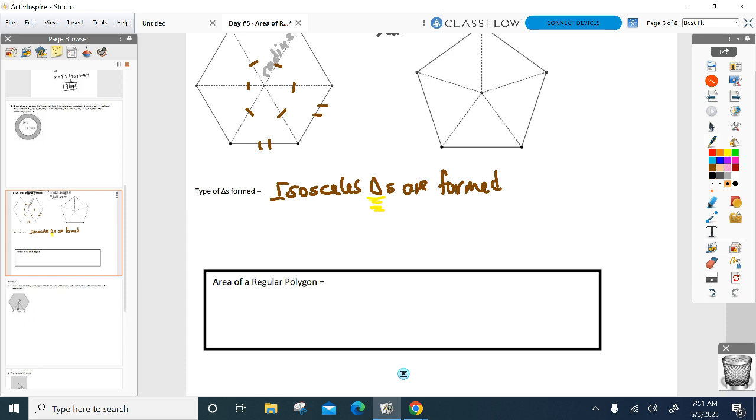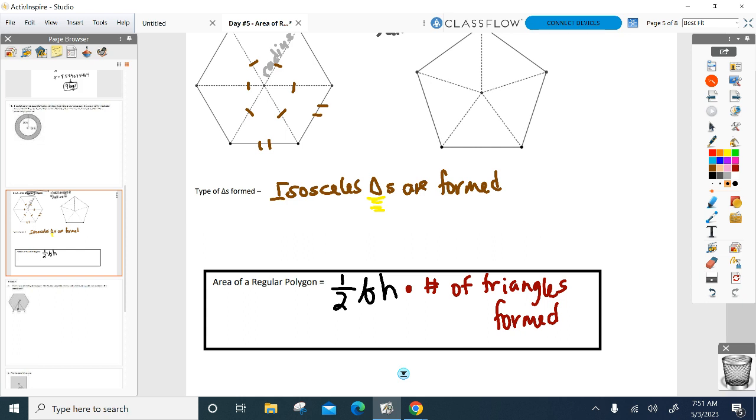Because I always form triangles when I draw in all the radii. We're going to take the area of a triangle, 1/2 base times height, and multiply by the number of triangles formed.